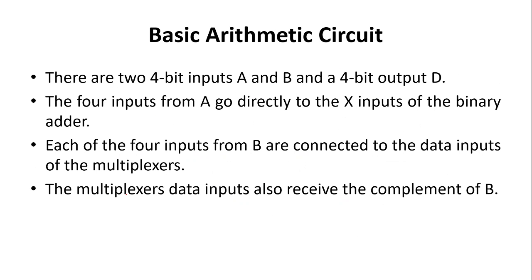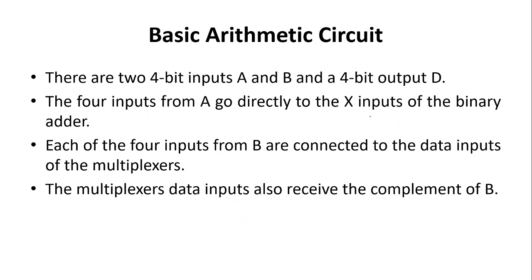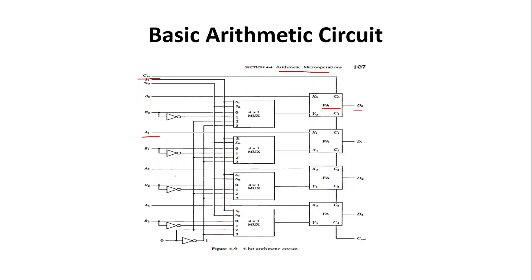There are 4-bit inputs A and B as shown in the circuit, and a 4-bit output D. The four inputs from A go directly to the X input of the binary adder. Each of the four inputs from B are connected to the data inputs of the multiplexer.